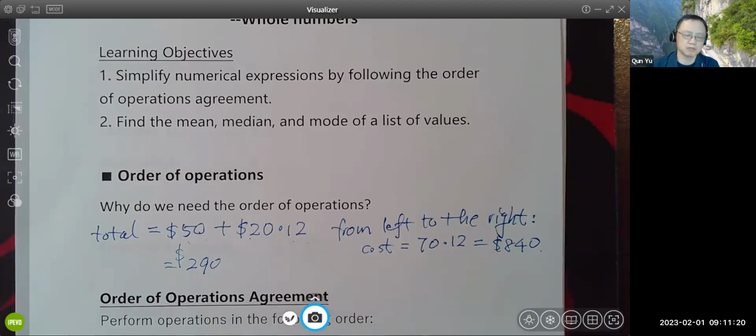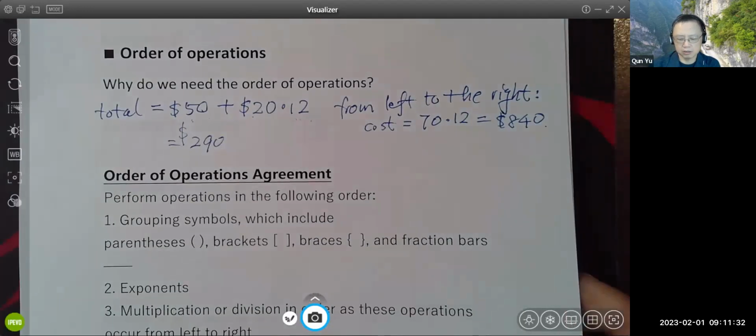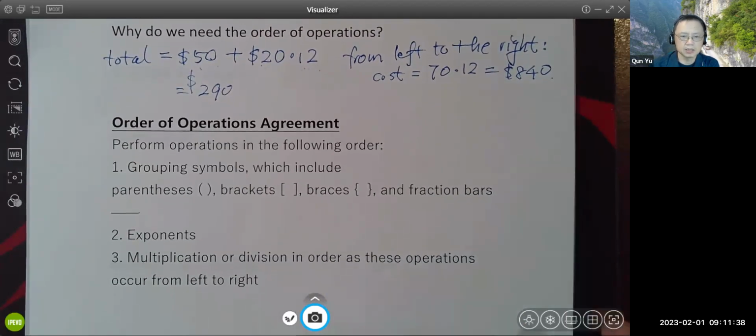Whenever we have more than one operation in a given expression, in a given calculation, we need to follow the order of operations. Okay, now let's look at what the order of operations is. There are several steps.